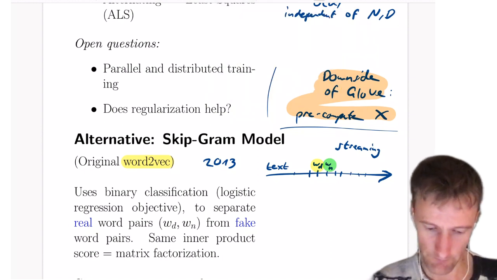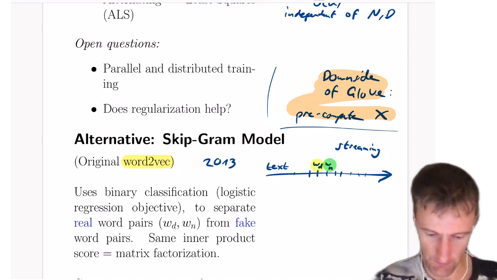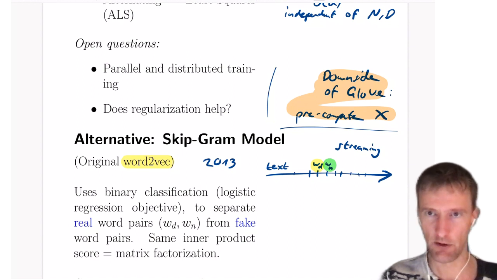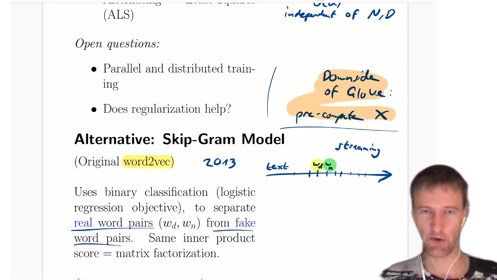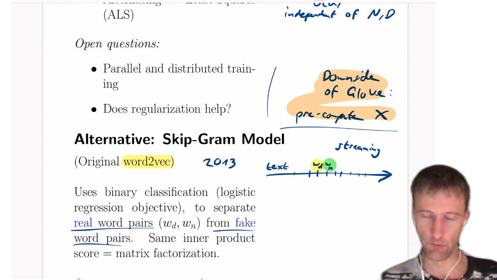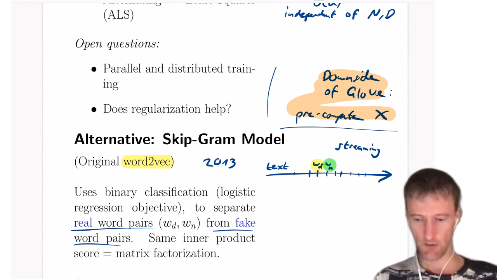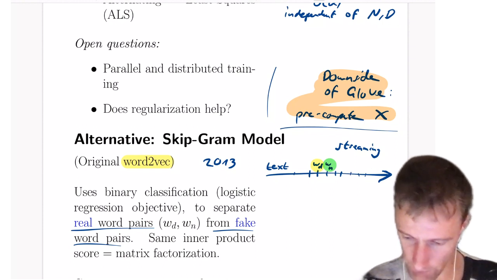So the conceptual idea here is to just separate real word pairs from fake word pairs. A real word pair means that WD and WN have appeared together, right? So that's a real pair. And I want to now build a system which can say that yes, this is real, versus if you give it another pair. Here's a word which appears 10,000 words later.